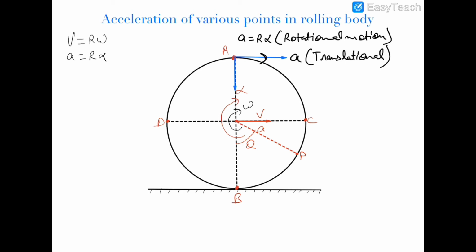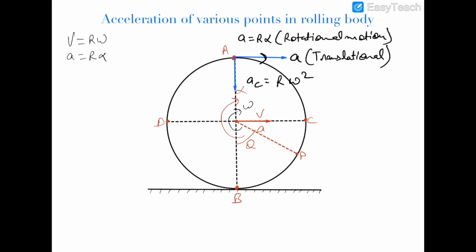So this is AC, which will be equal to r omega square. So the resultant acceleration would be the net of A plus A, which is 2A, and AC. So the net acceleration of point A would be somewhere like that.